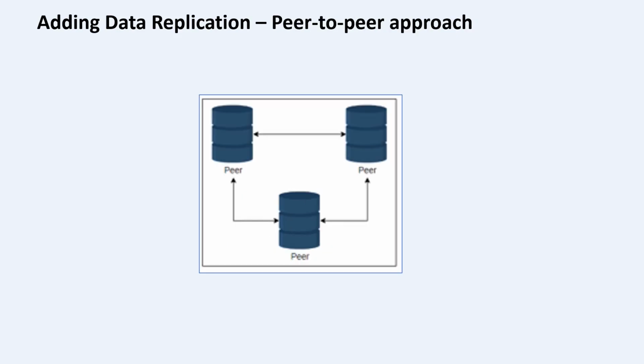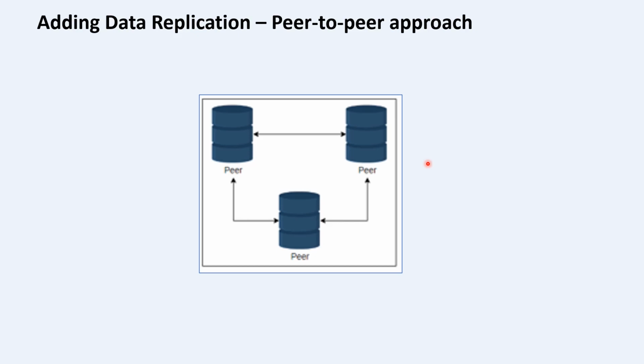Let's see the other approach for replication of data, the peer-to-peer approach. In this, all the nodes take reads and writes, but they also make sure that asynchronously they sync up data with another node.